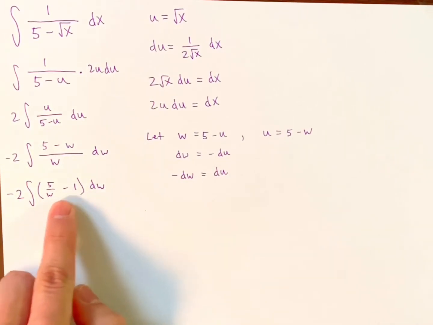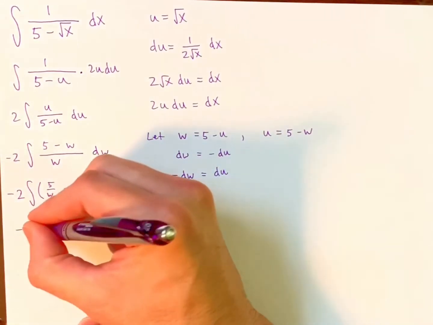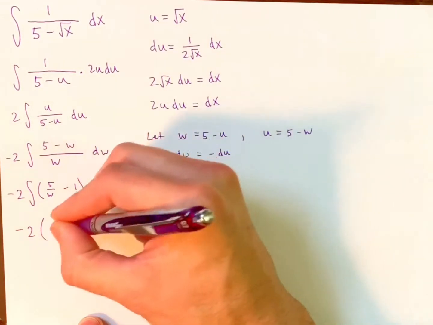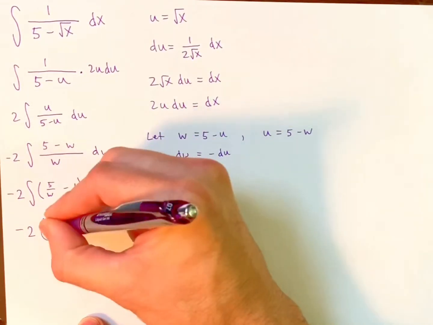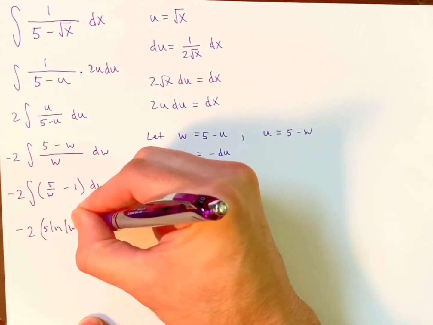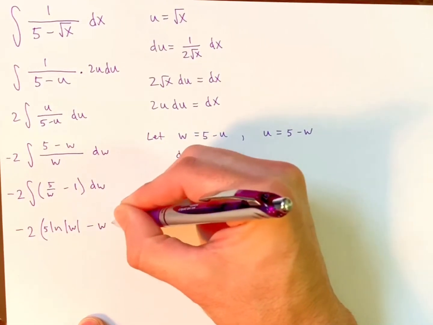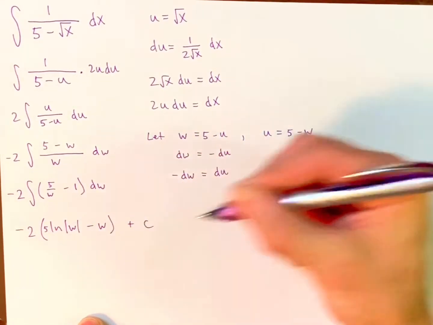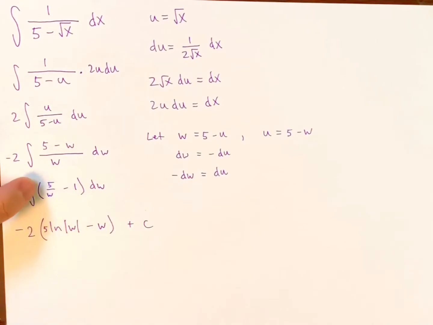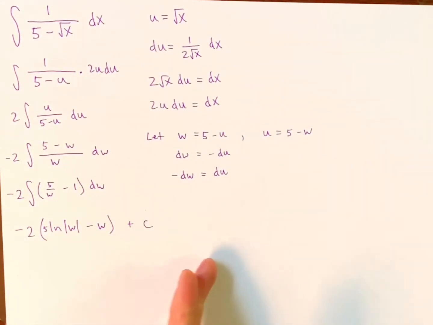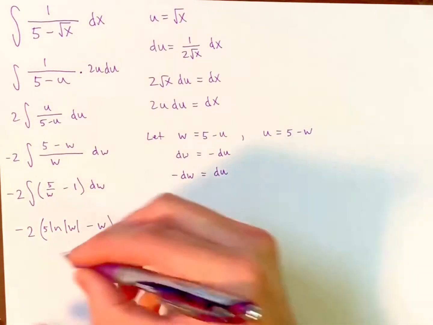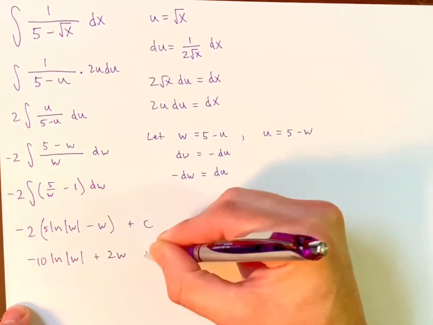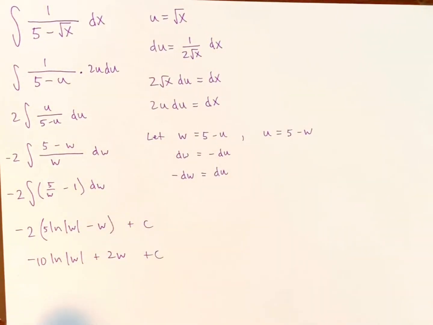Now we can find these antiderivatives. Isn't that right? Because 5 over w would just be 5 natural log, and then that'd just be w. So let's rewrite this. Maybe we can distribute the negative 2. We can bring back these substitutions.